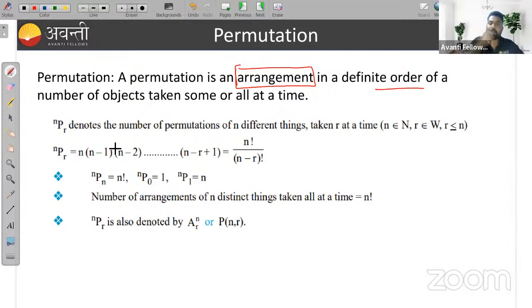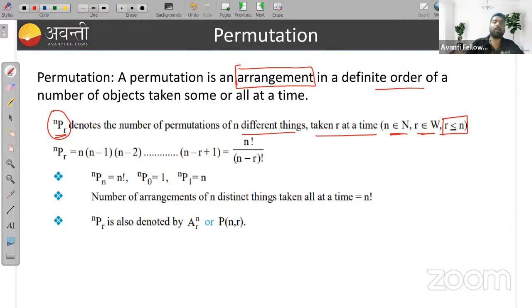And the notation of arranging n objects taking r at a time is denoted by this. The number of permutations of n different things taken r at a time, where n belongs to natural numbers and r can be any whole number, and always remember r must be less than or equal to n.